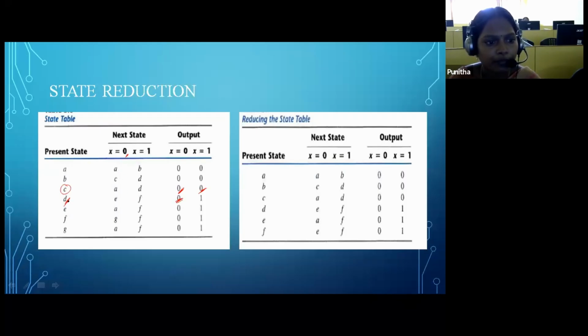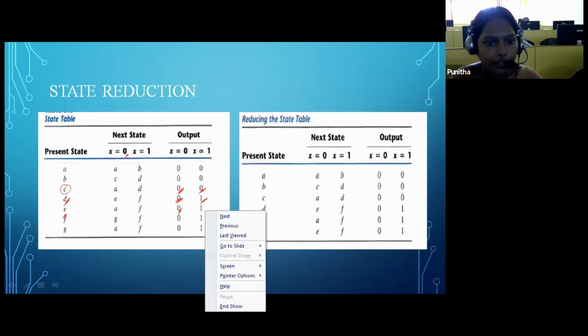If I apply 1 to the state D, my output will be 1. For E, my output is 0 for the input x equal to 0, and 1 for the input x equal to 1.